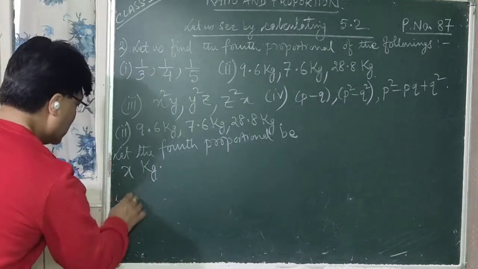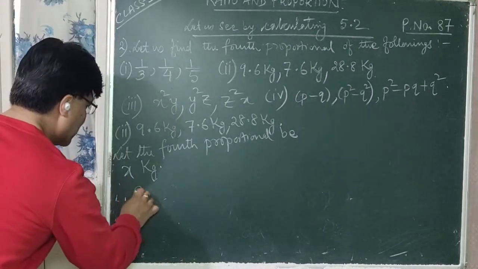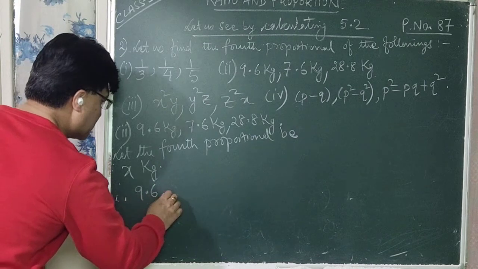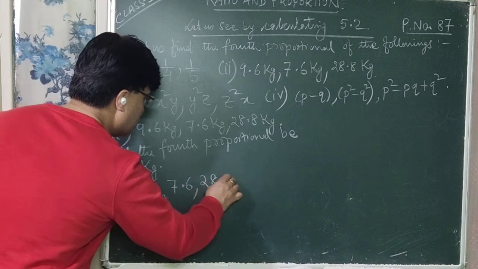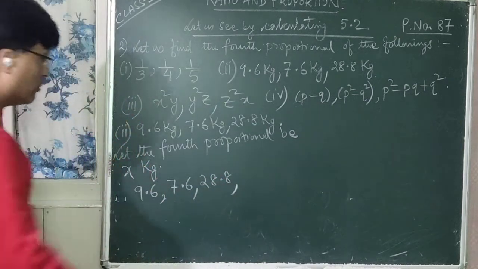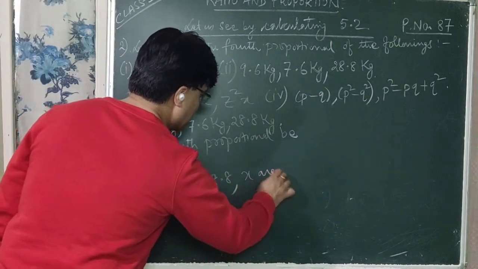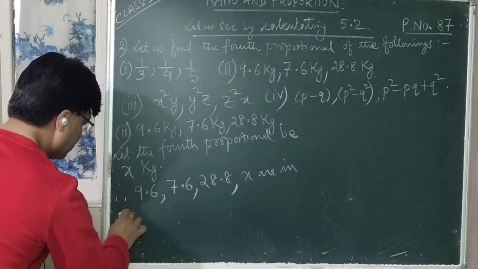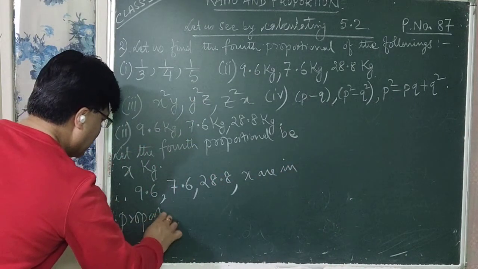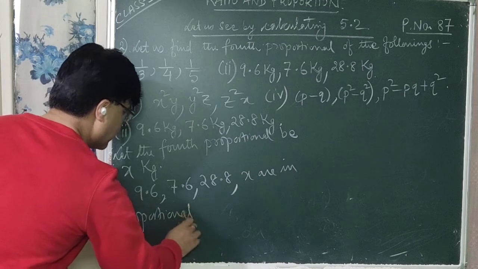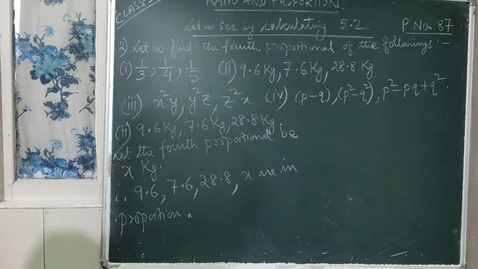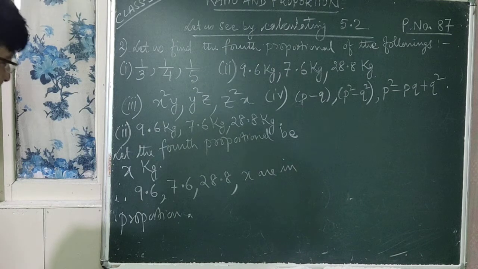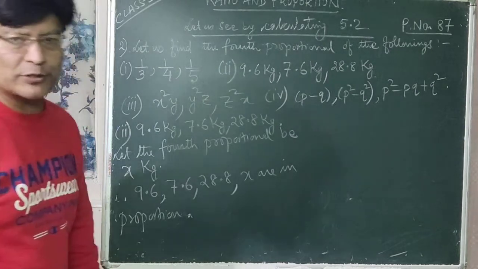So now you should write 9.6, 7.6, 28.8, x are in proportion, right? So 9.6, 7.6, 28.8, x are in proportion.